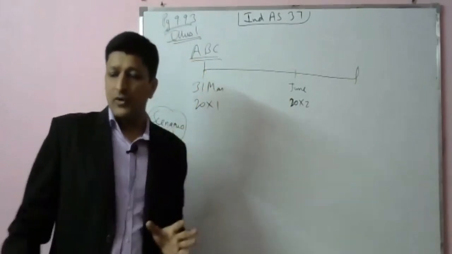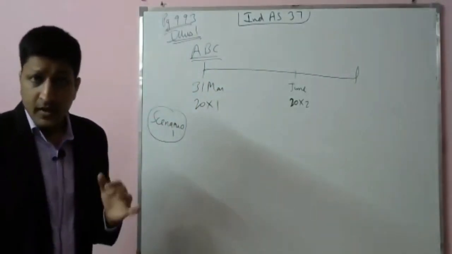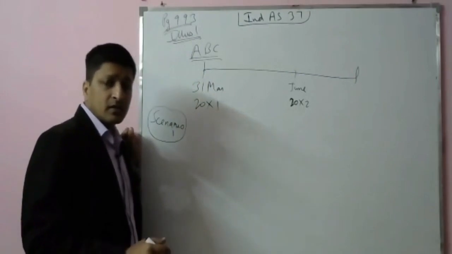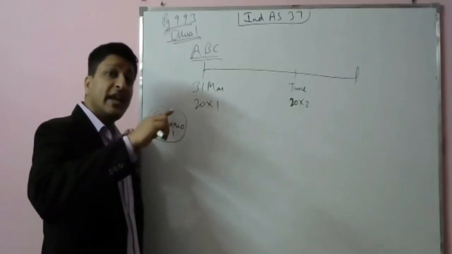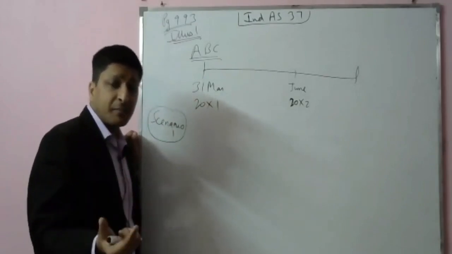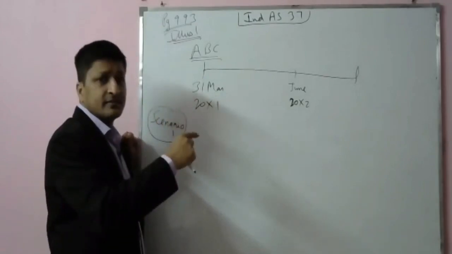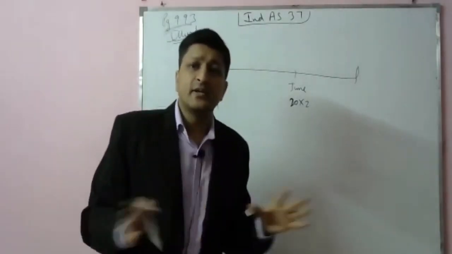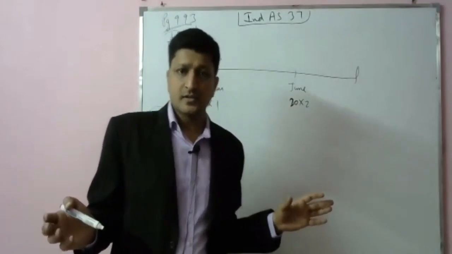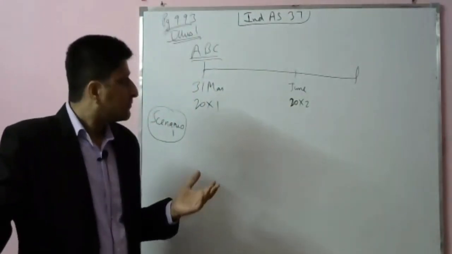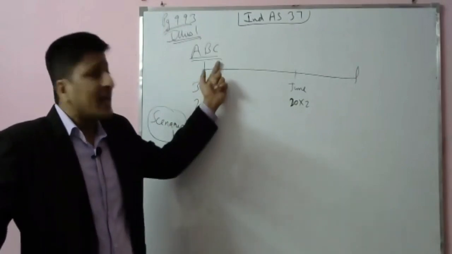Today, on 31st March X1, because of this delay which will happen in future, is there any penalty on ABC? No. There is no penalty on ABC today which arises. Yes or no? Penalty may arise on ABC.